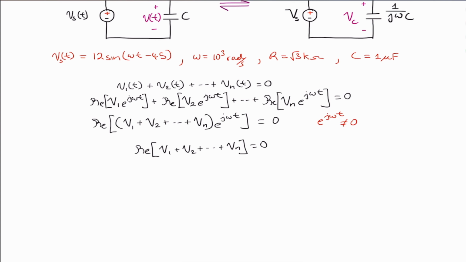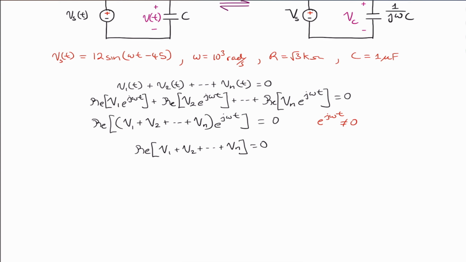So in our case, v of t is the real part of the phasor counterpart times the complex exponential e to the j omega t. The phasor counterpart is time independent, and it is the phasor counterpart of the time dependent function v of t.